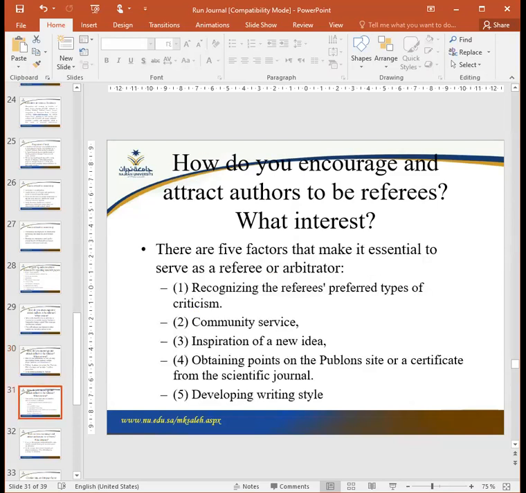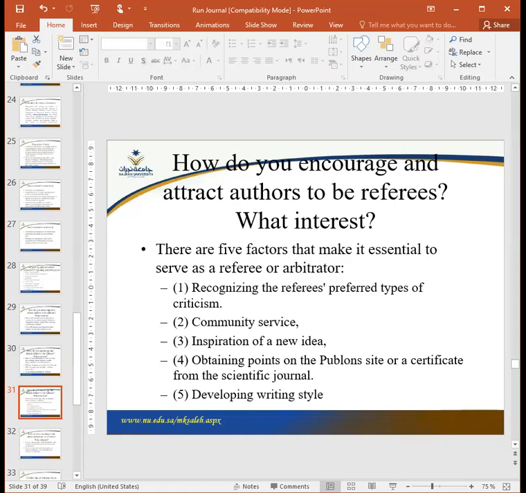Okay. There are 5 factors that may make it essential to serve as a referee or arbitrator. First, recognizing the type of criticism referees prefer and making an effort to steer clear of them when drafting the scientific paper.